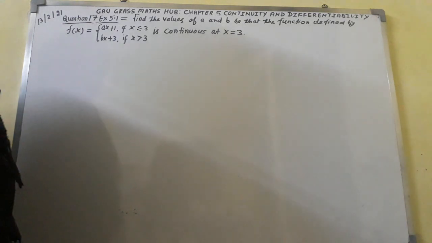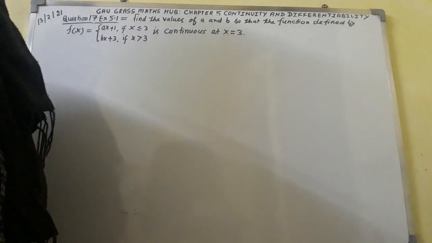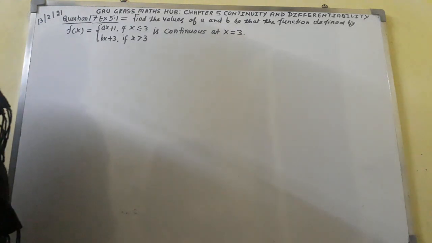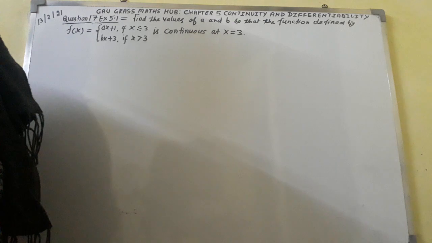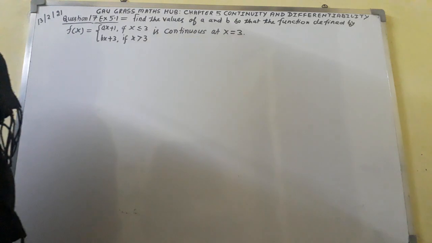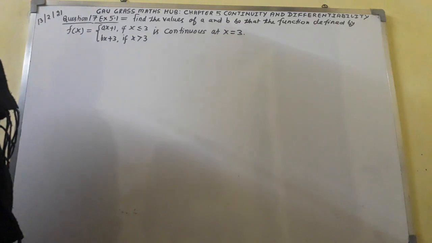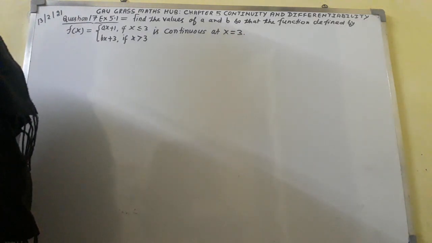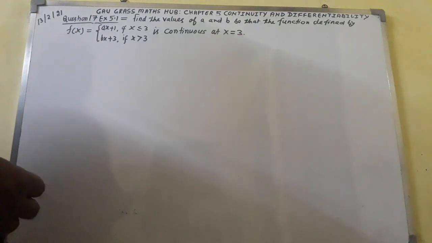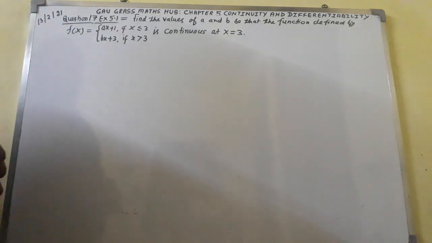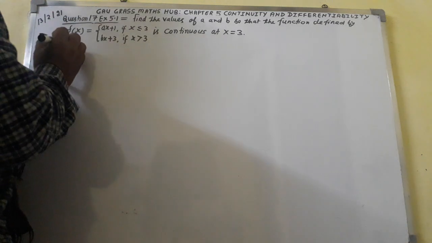The question is: find the values of a and b so that the function defined by f of x equal to ax plus 1 if x is less than or equal to 3, and bx plus 3 if x is greater than 3, is continuous at x equal to 3. This is the question I am going to discuss here. Here I shall write the solution.